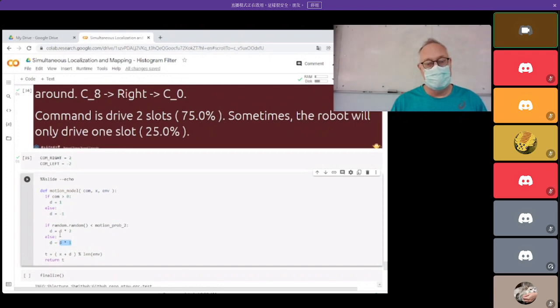And so d afterwards will either be -1 or -2 if we want to go left, or 1 or 2 if we want to go right, based on the probability. And then we calculate the target, which is the current position plus the displacement. And then we have to modulo the length of the environment so that we wrap around.